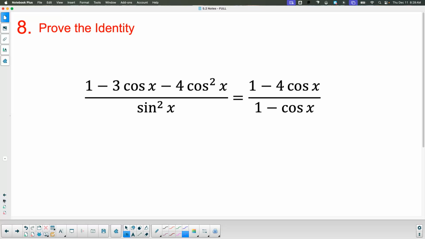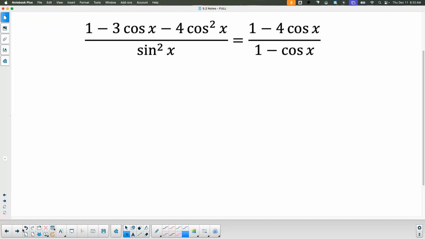Go for it. I feel as if everyone should have chosen the left side to work. Okay. All right. If I'm looking at the left side, my numerator on the left side factors to be 1 minus cosine times 1 plus cosine, 1 minus 4 cosine.